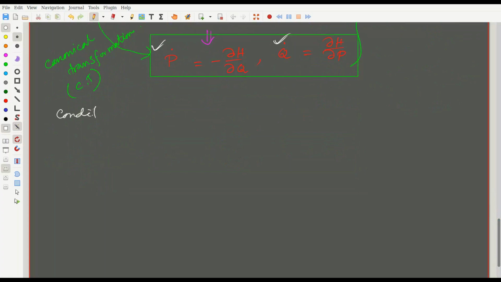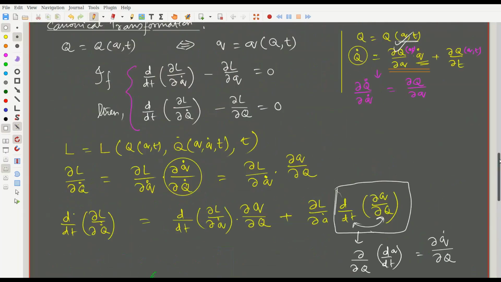So, conditions for canonical transformation. First of all, for this exercise, we will restrict ourselves to transformations that do not explicitly depend on time.